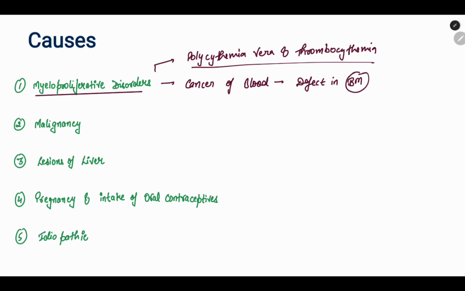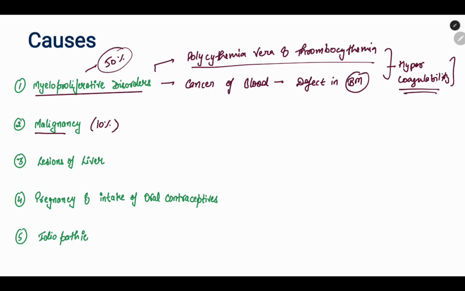What happens in these is that these disorders are accompanied by hypercoagulability, in which the chances of formation of thrombus or any obstruction increase in the body. The second one is malignancy. Malignancy constitutes about 10% of the cases of Budd-Chiari syndrome, whereas the myeloproliferative disorders are responsible for almost 50%, or half, of the cases.